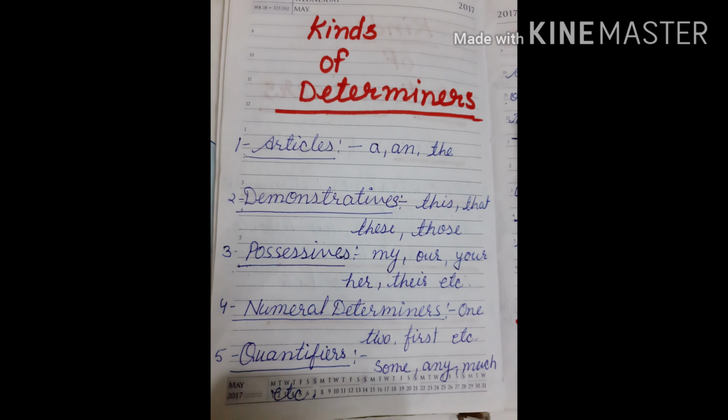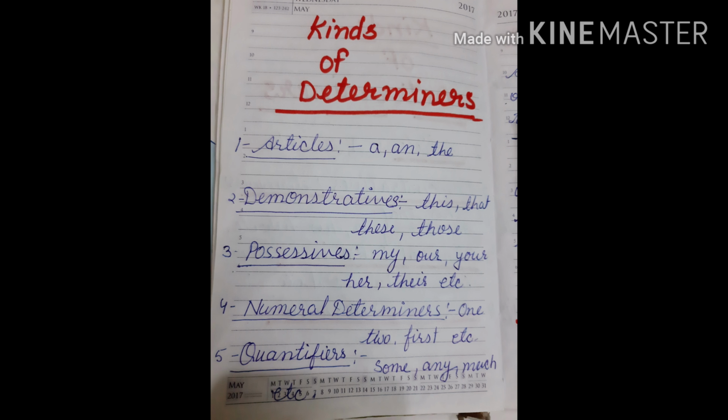Kinds of determiners. There are 5 kinds of determiners: articles, demonstratives, possessives, numeral determiners, and quantifiers. Student, you already know about articles. A and the are articles.